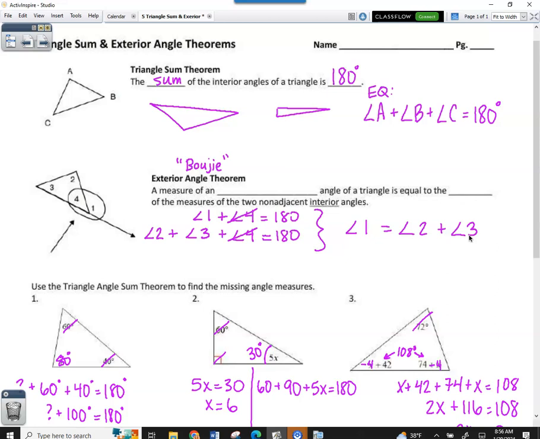And that is the exterior angle theorem, which is bougie because it is a little extra. The measure of an exterior angle of a triangle is equal to the sum of the measures of the two non-adjacent interior angles.